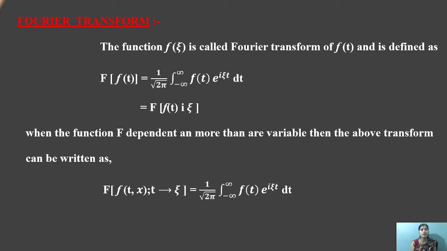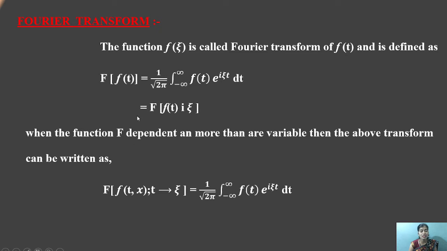This formula contains only one variable. If we use more than one variable, then the formula changes in form. When the function depends on more than one variable, the Fourier transform is written as F of f of t, x.